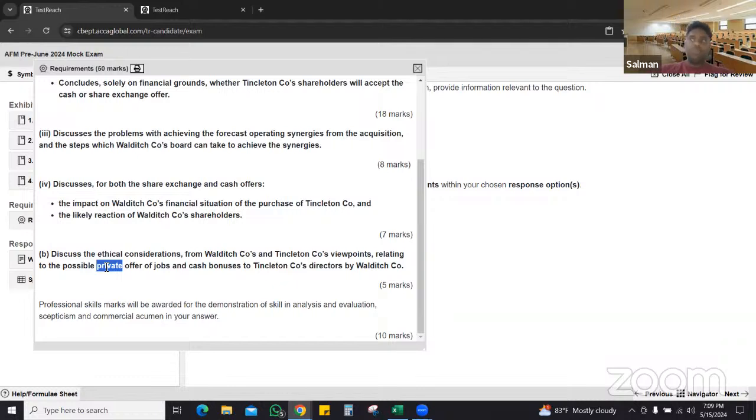After acquiring the subsidiary, employees will be familiar with their previous directors. So if they see that their previous directors are still managing the company, they'll be okay. They'll be happy. That's the financial situation. Ethical consideration: yes, employing them is fine, but a private offer is where you have some dealings behind the scenes. So ethically, there will be problems there. We'll have to discuss that from an ethical perspective, from a very moral perspective.